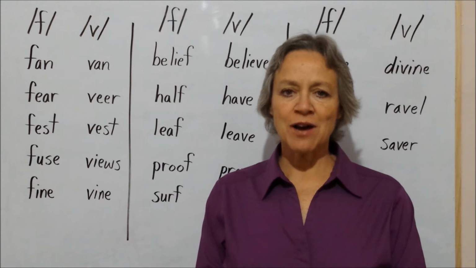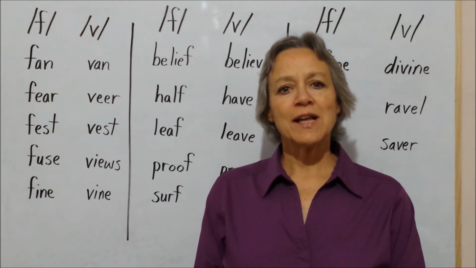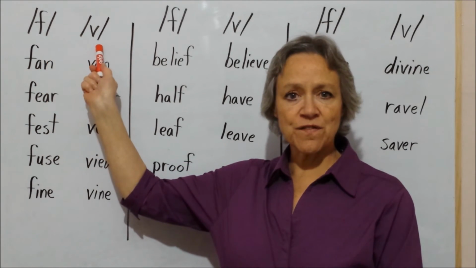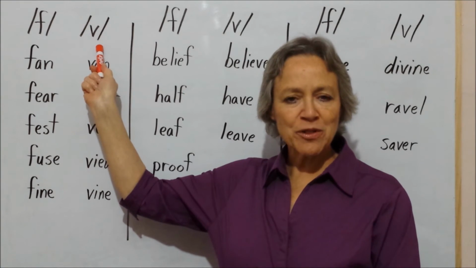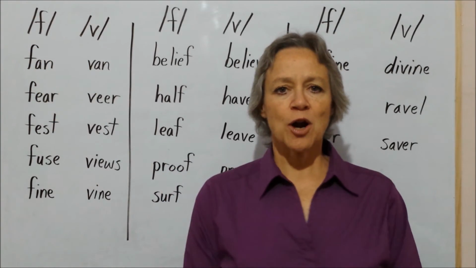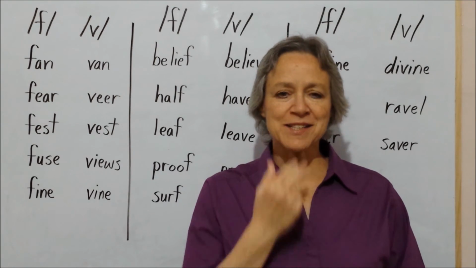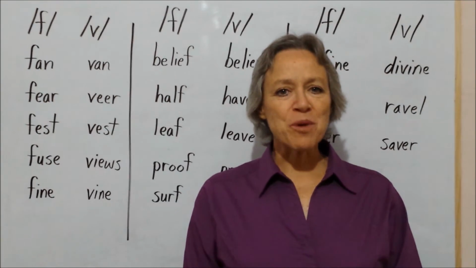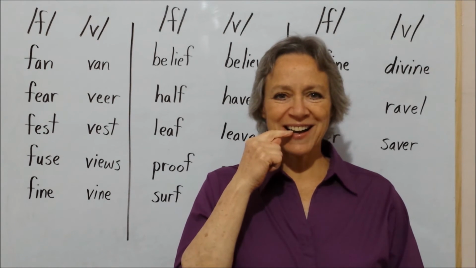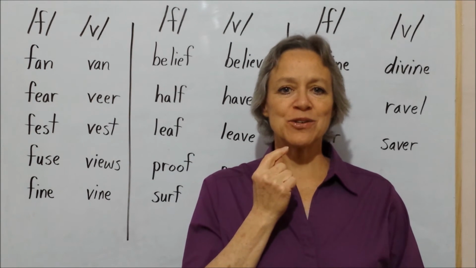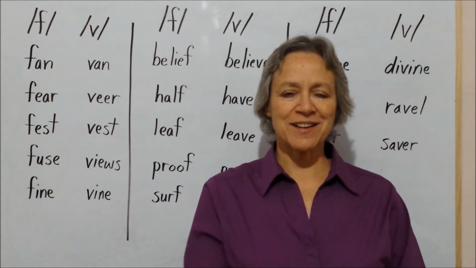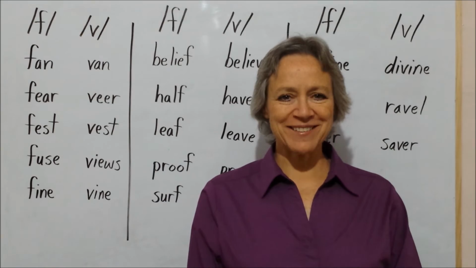Let's look at some words now which sound very similar except for the sounds F and V. Please remember that earlier I said these two sounds are made in the same place in the mouth, okay? They are both made by very lightly putting our upper teeth onto the inner part of our lower lip and then forcing the air out of our mouth, right?